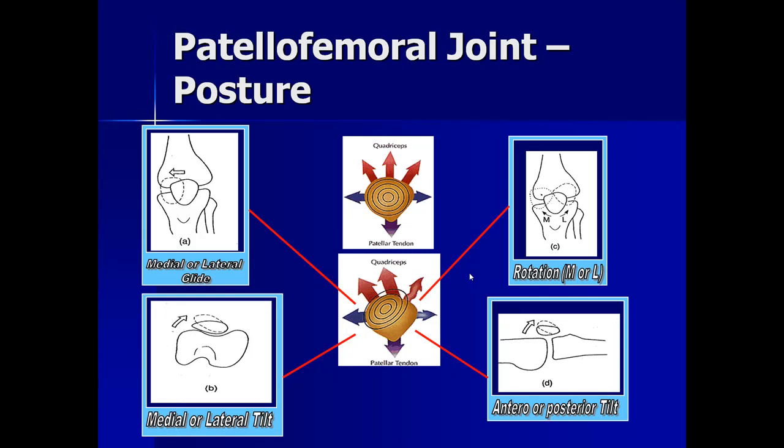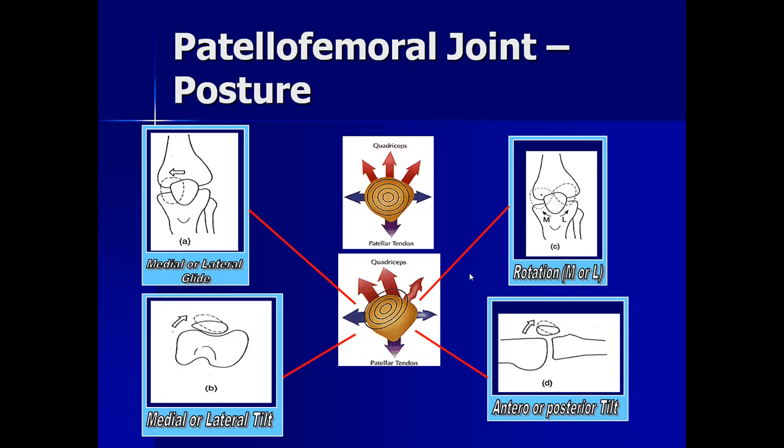When assessing the patellofemoral joint in particular, it's useful to look at the position of the patella within the knee joint itself. Some of the dysfunctions that you may see of the patella are medial or lateral glides, rotations, medial or lateral tilts, and anterior or posterior tilts.